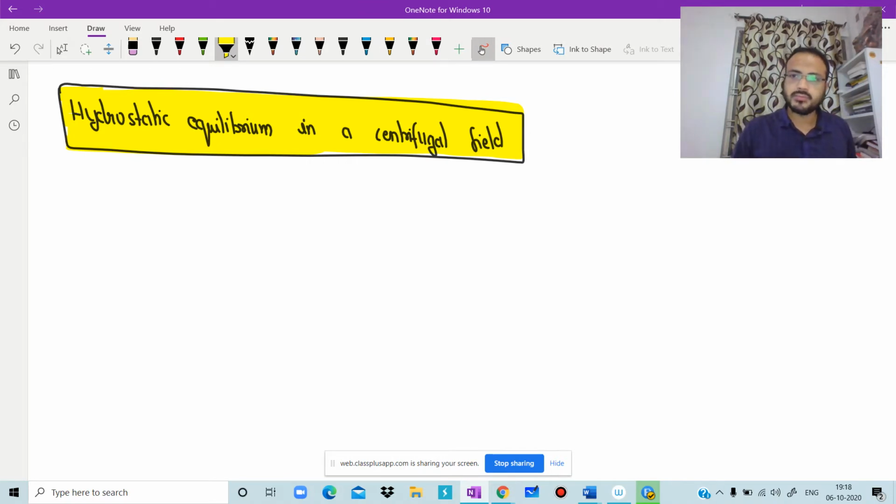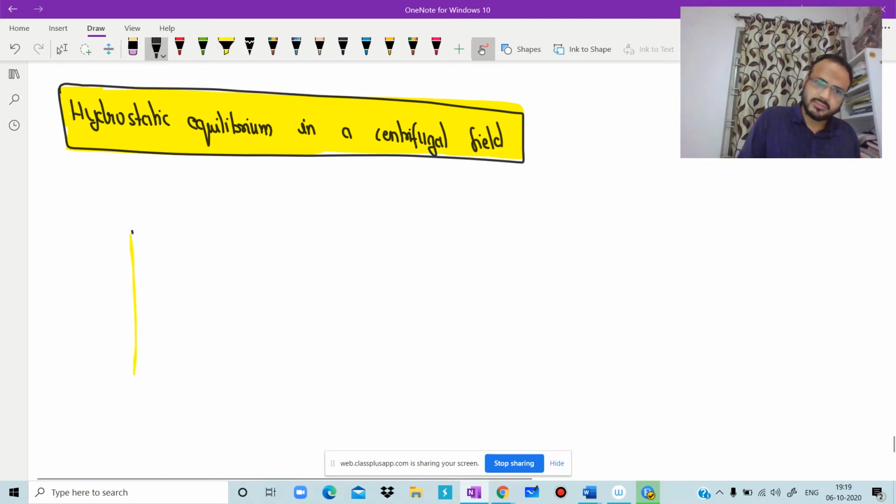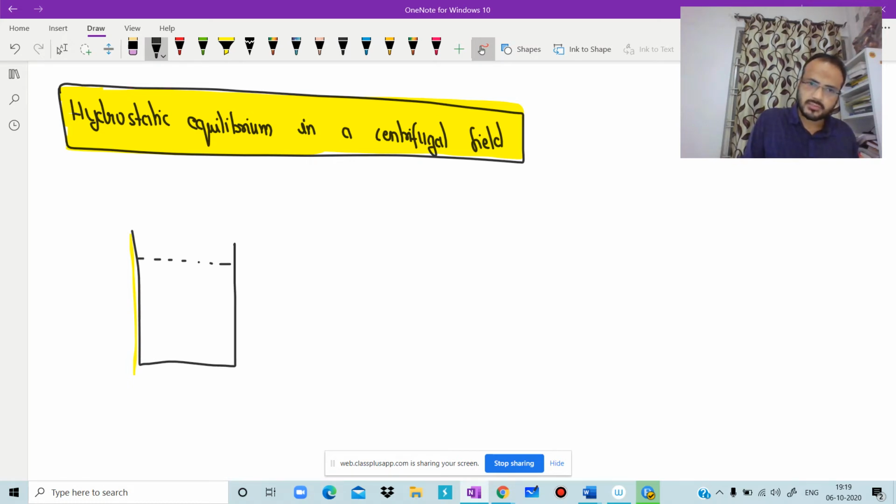Okay, no problem. A very simple thing is that suppose you have a glass of water. If you have a glass of water or of any fluid, and if there is no motion, then its surface looks like this. Please analyze this thing in a very simple manner. That is a very important thing. Is it clear up to this point?